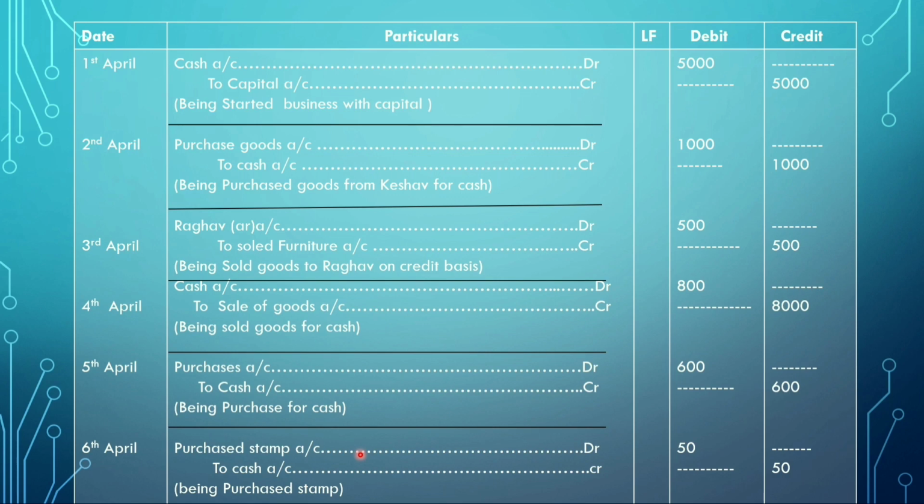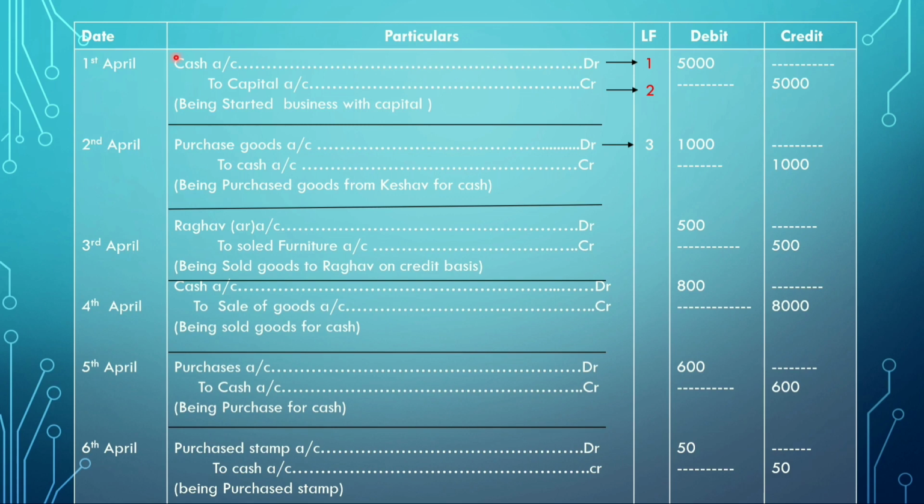The first account will be opened for the cash account, the second for the capital account, and the third for the purchase goods account. Next we won't open one for cash, because we already opened the cash account as the first ledger.